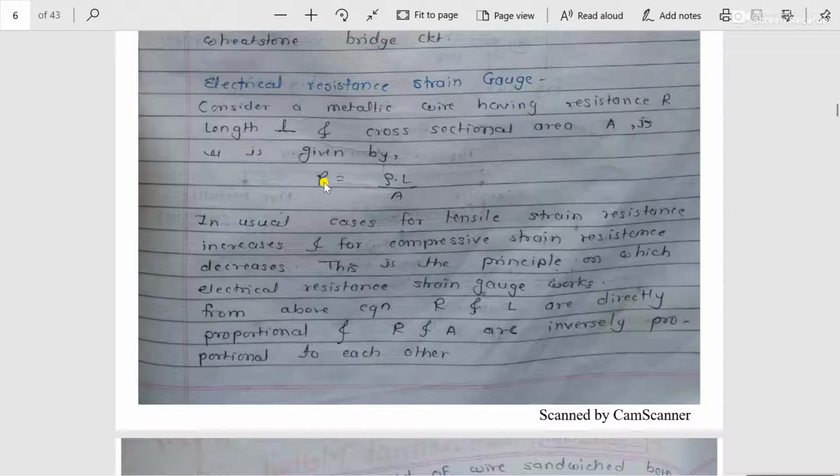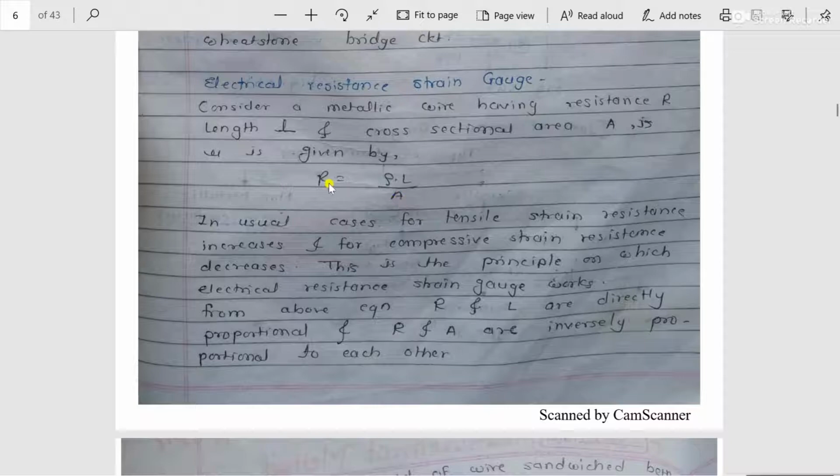So R is its original resistance before application of load. L represents the length of the wire before application of load. A represents the cross-sectional area of the wire before application of load, meaning R is directly proportional to length, but it is inversely proportional to A.